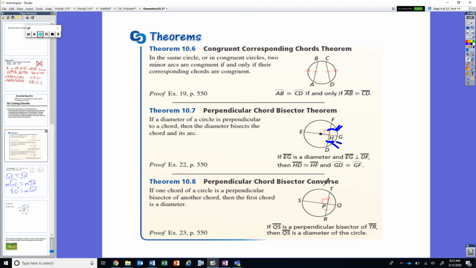And we also have a converse, so it works backwards. So let's say, for instance, you see that a chord is being bisected and is perpendicular. That's enough to prove that the intersecting chord is the diameter of the circle.